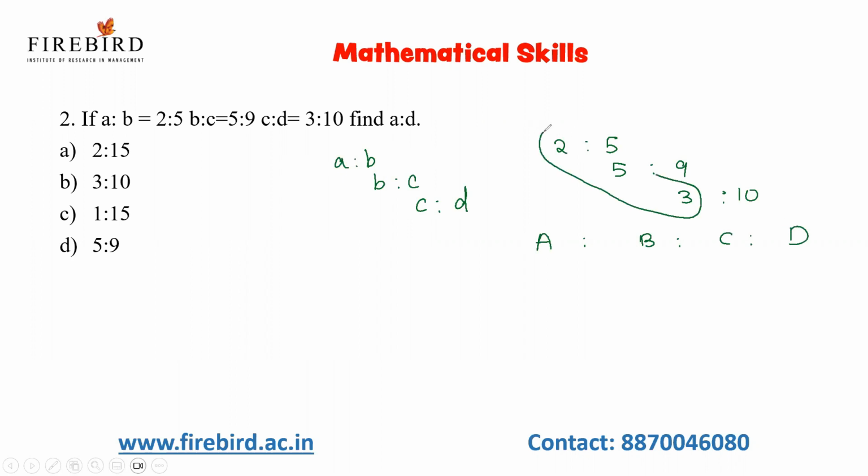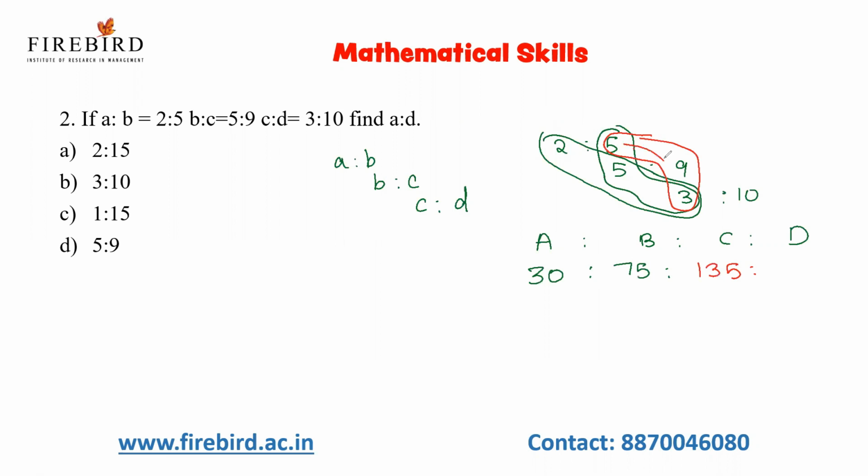So, to find out the ratio of A is to B is to C is to D, first multiply 2 into 5 into 3 for A. What is 2 into 5 into 3? 30. And for B, 5 into 5, 25; 25 into 3, 75. And then for C, 5 into 9 into 3, 45 into 3, 135.